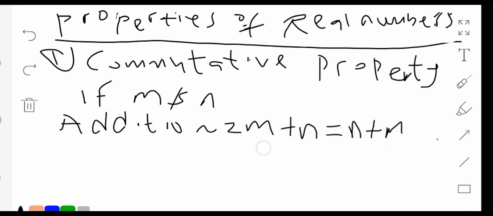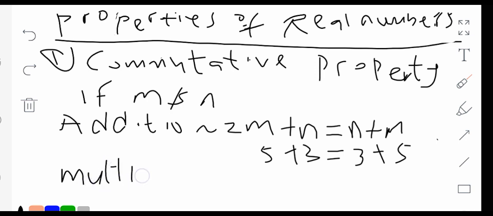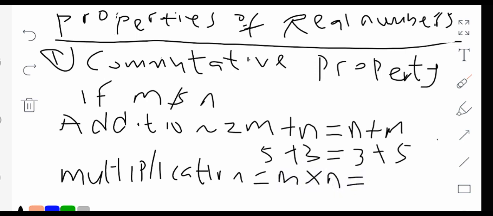That is to say, 5 plus 3 will give us the same thing as 3 plus 5 for addition. You also have it for multiplication. It is going to look like this: m times n will be equal to n times m.